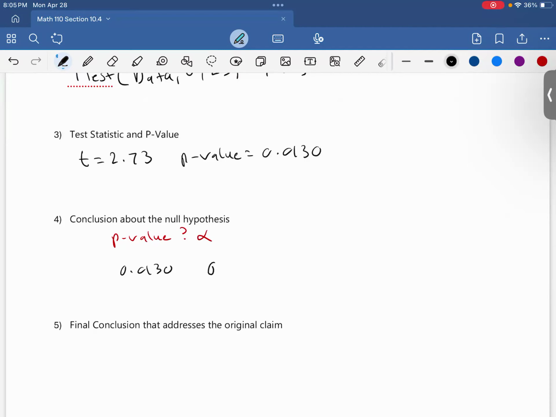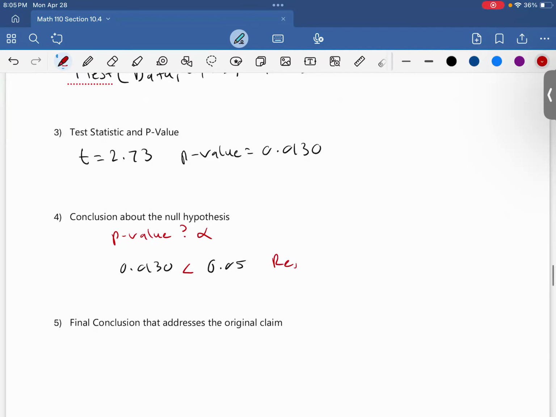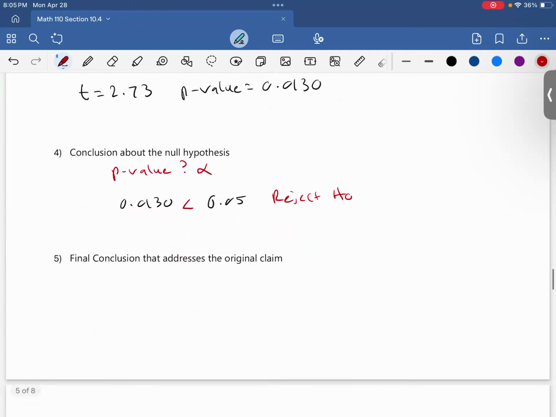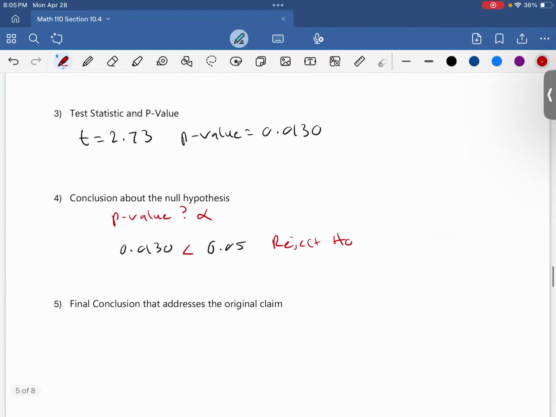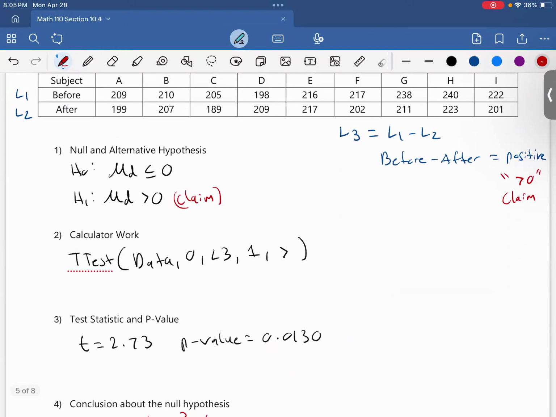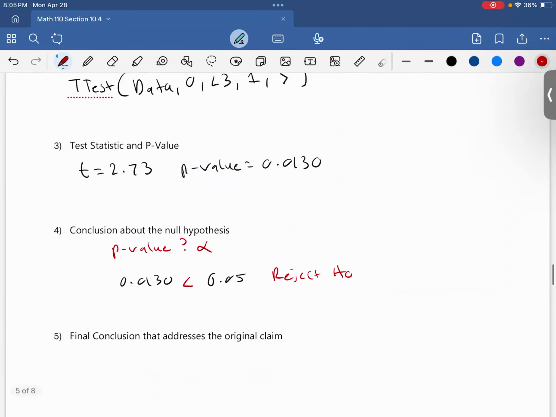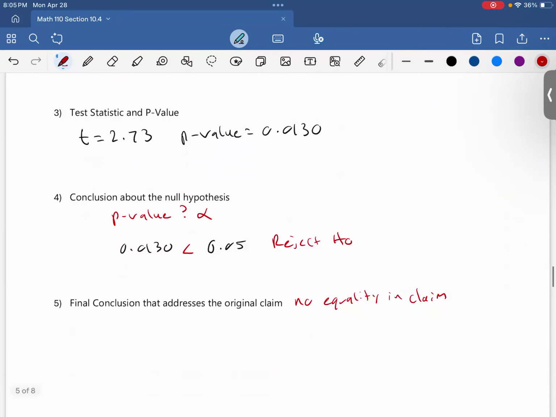Our alpha was 0.05. And so our alpha is bigger, which means we reject the null. So we reject the null, and let's write a final conclusion that addresses the claim. Do we have equality in claim? No, our claim is greater than, so no equality in claim, and we reject the null.